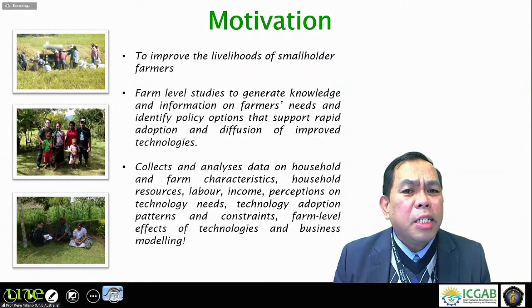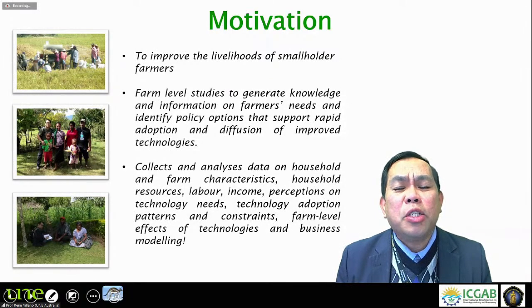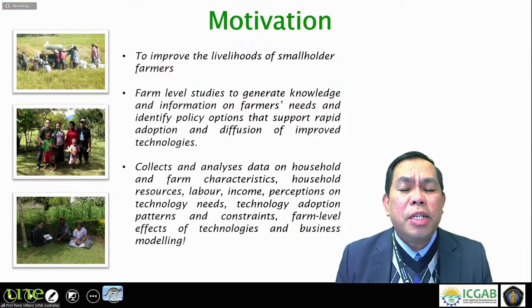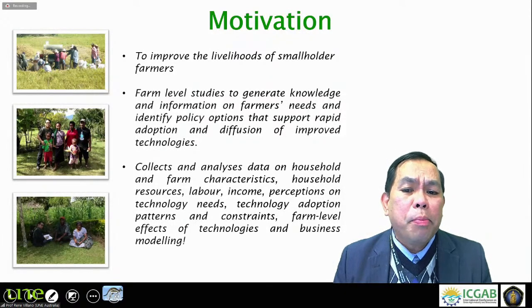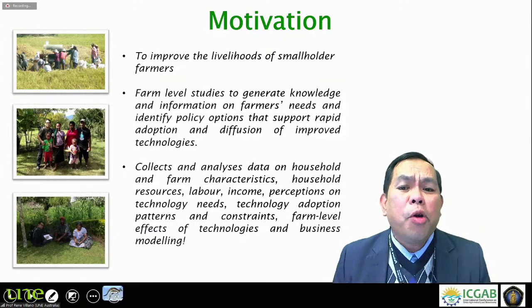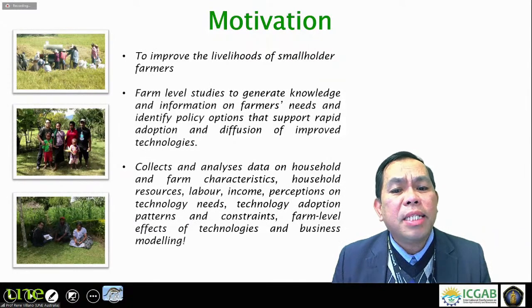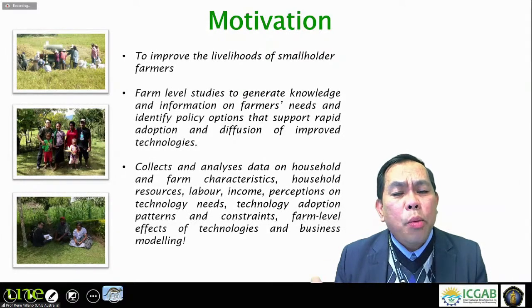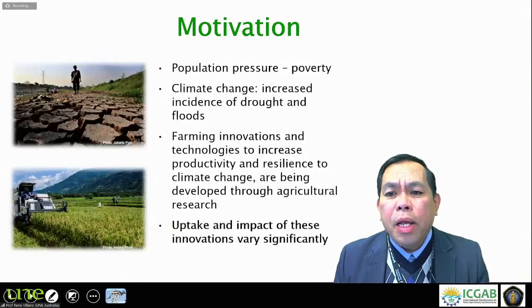But despite this being the focus of many studies and literature in the past, there remains a question for us, development practitioners, scientists, and academicians, about bringing the farmer's perspective into the forefront of our core business, that is technology generation and dissemination. So this is where I'm coming from.